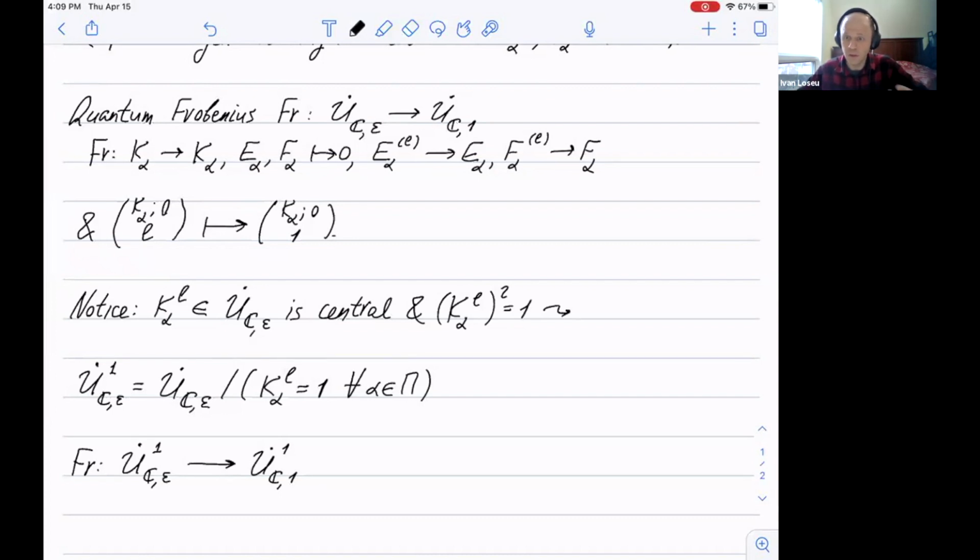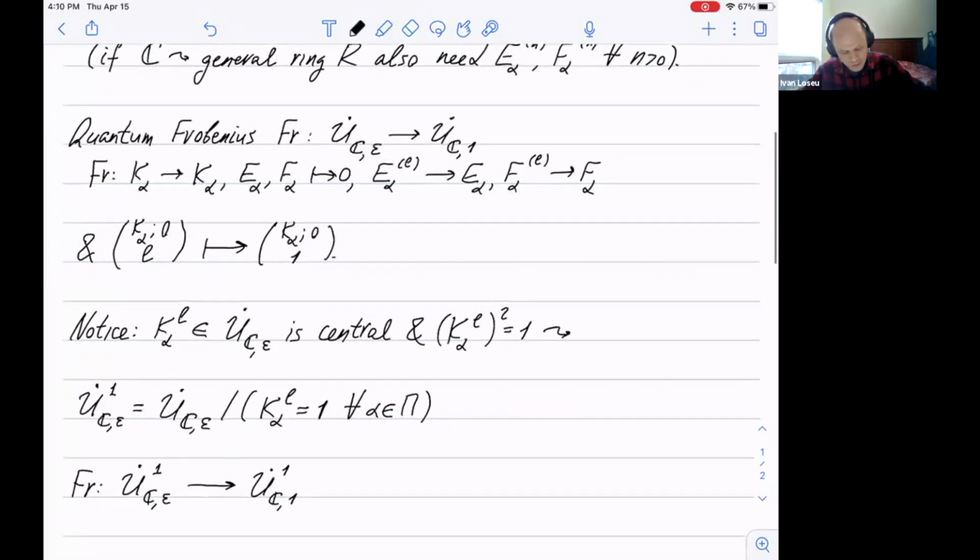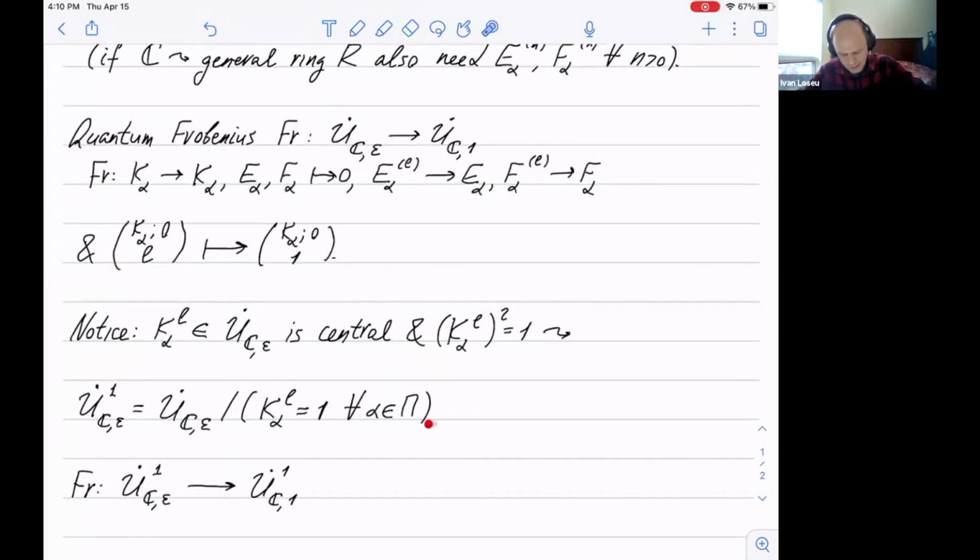It's the classical universal enveloping algebra tensor with a finite dimensional algebra, which is generated by K's in relation with K squared is equal to 1. So these K's, generated by K, really don't interact with anybody else. And so by going to this quotient here, we really kill these K's. So this algebra is just the usual universal enveloping algebra over the complex numbers.